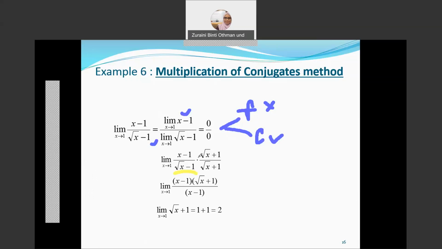Kita darabkan dengan something yang, here tambah 1, bentuk yang sama macam yang kuning ni, tapi dekat sini kita daripada negatif kita tambah 1, dan dekat sini juga daripada negatif tadi kita tambah 1, benda yang sama. Maksudnya sekarang atas bawah sama, maksudnya kita darab dengan nilai 1, which is atas bawah ni sama kan. But here we want to solve for limit.